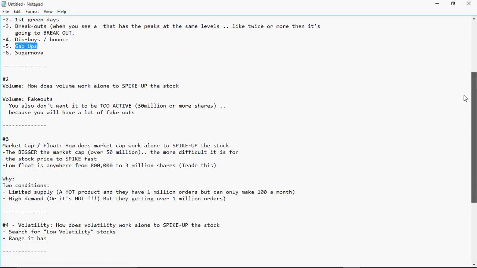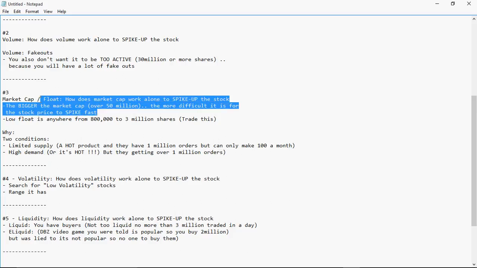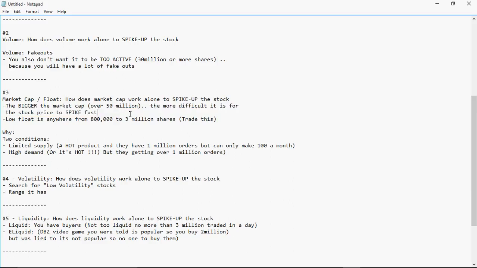Then we can look at the market cap or the float. How does the market cap alone spike up the stock? Well, the bigger the market cap, over 50 million, the more difficult it is for the stock price to spike fast. Remember what I was talking about? Spiking up. You want this stock to spike up in one day at least.